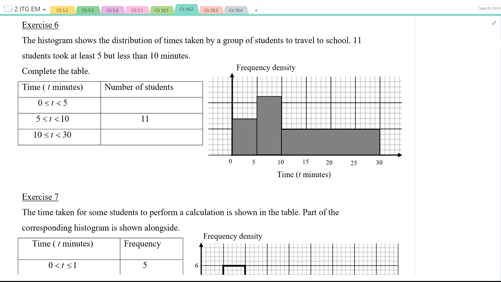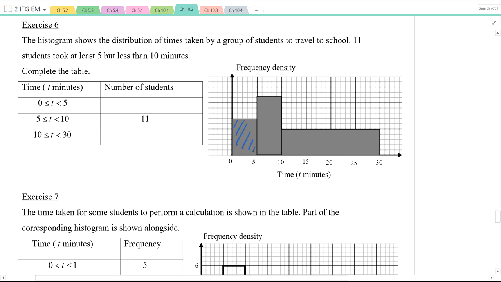So moving on to exercise 6. This is the distribution of times taken by students to travel to school. 11 of the students took at least 5, but less than 10 minutes. So complete the table below. So the time taken from 0 to 5 minutes. Okay, that means we are looking at this over here.